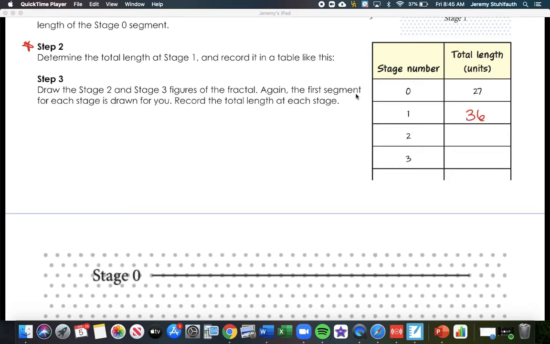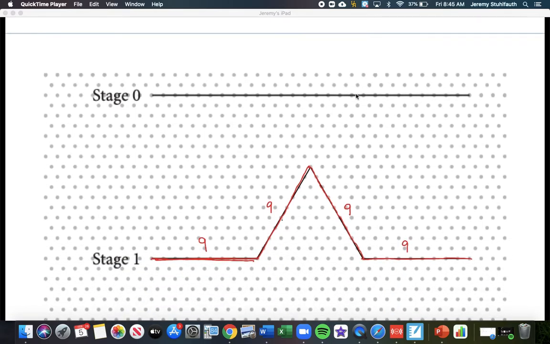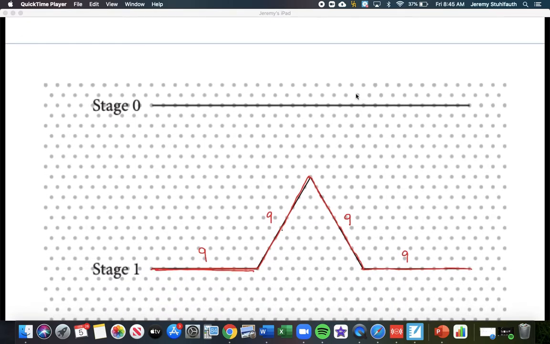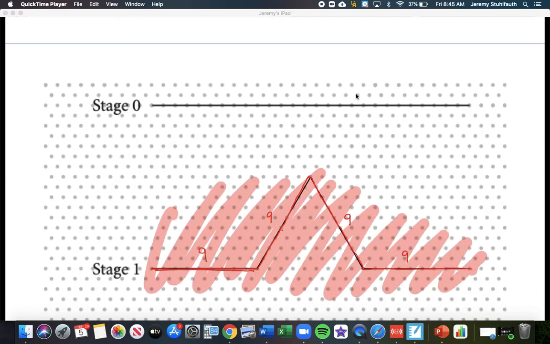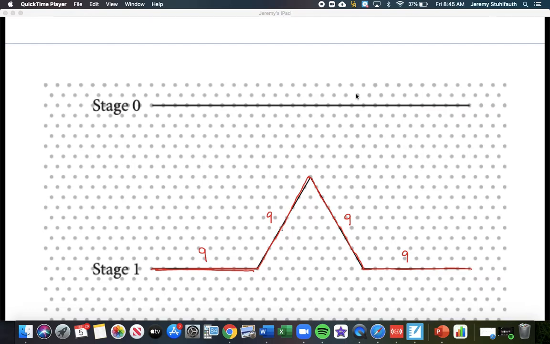Now, what I would like for you to do is to try to draw stage 2 and stage 3. Remember what you're going to do. You're going to go a third of the distance. Essentially you're taking stage 1 and then going a third of the distance, which would be a length of 3, and you would then draw a bottomless triangle that is the same length.